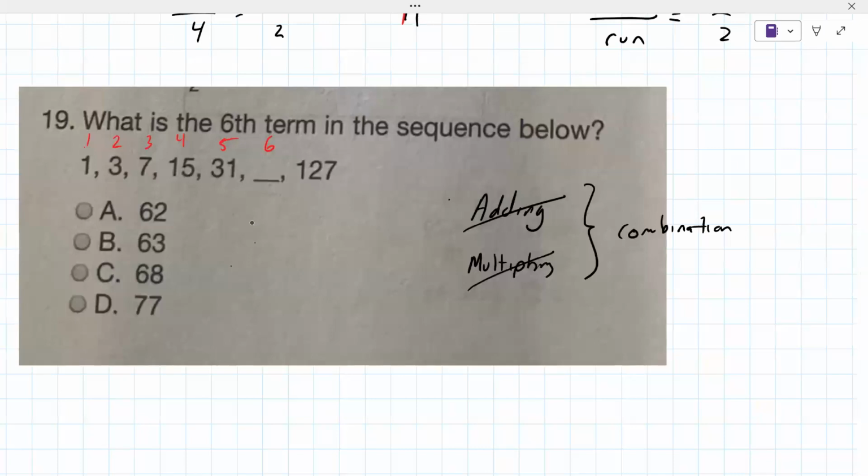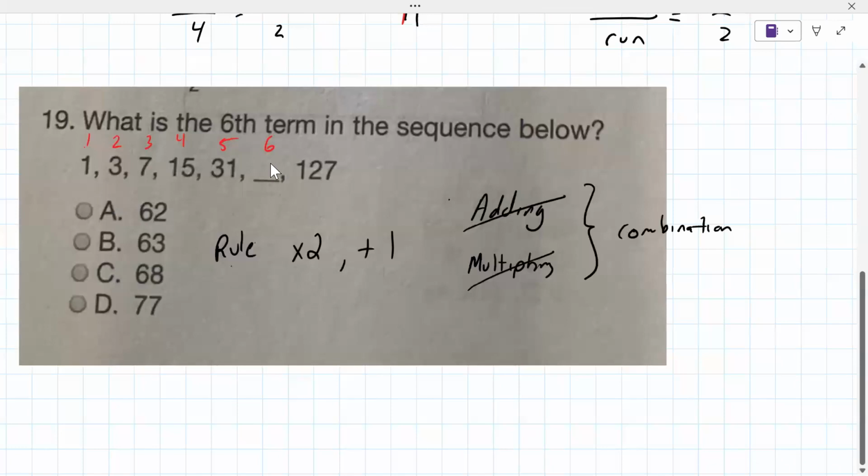So here's the rule. The rule is you multiply by 2 and then you add 1. So 1 times 2 is 2, plus 1 is 3. 3 times 2 is 6, plus 1 is 7. 15 times 2 is 30, plus 1 is 31.